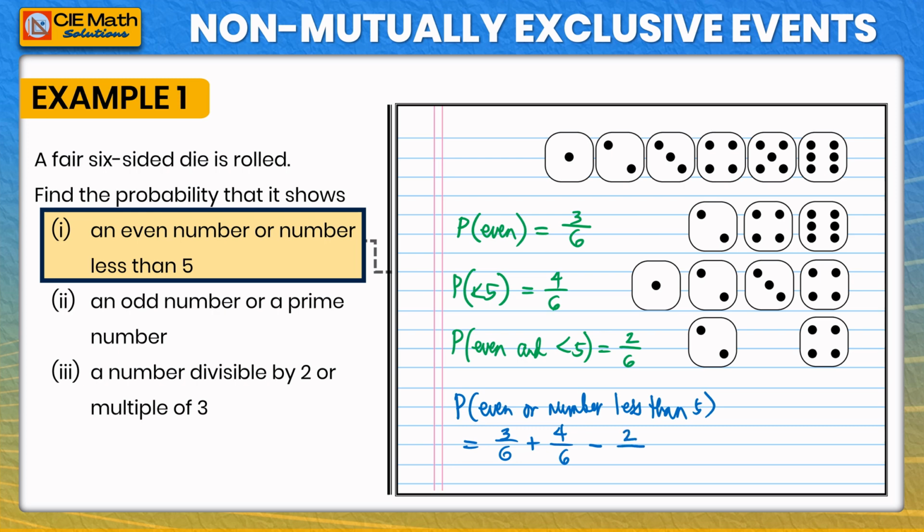We have 2 over 6. This will give us 7 minus 2, which is 5 over 6. The probability then of getting an even number or a number less than 5 will be 5 over 6.